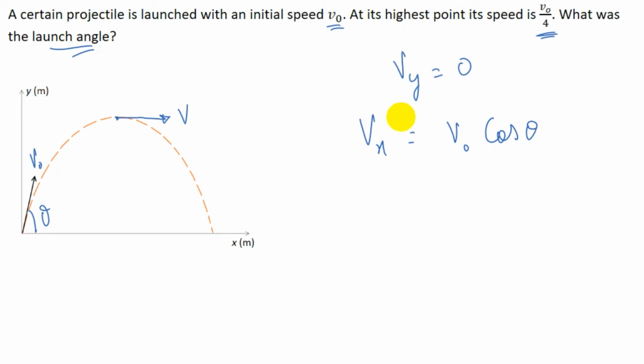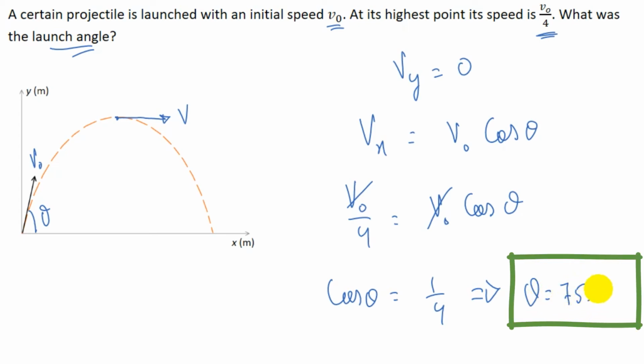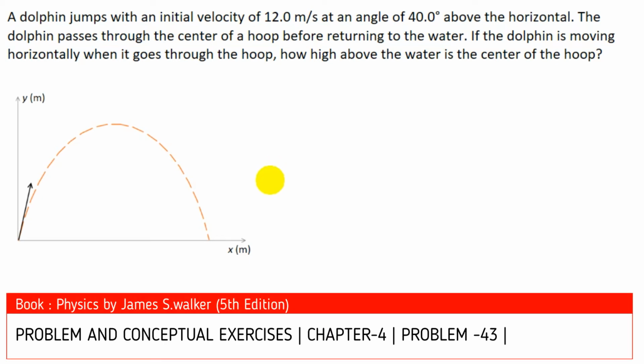So at this point the speed becomes v0 by 4, so we can equate v0 by 4 equals v0 cosine theta. So v0 and v0 will cancel, so cosine theta is equal to 1 over 4, or from here theta would be equal to 75.5 degrees.